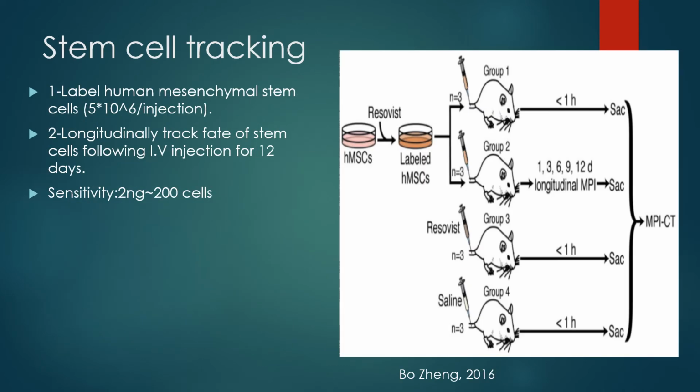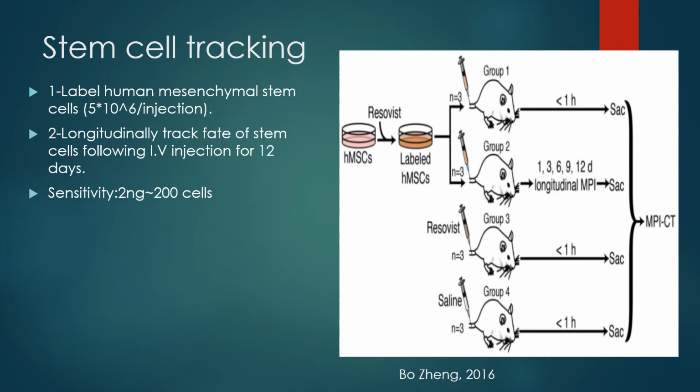Here, Bujeng designed a project, and in this project he cultured about 5 million MSC cells, and then added Rezovis, a type of magnetic nanoparticle, to the cell culture. Then these stem cells took up the nanoparticle.